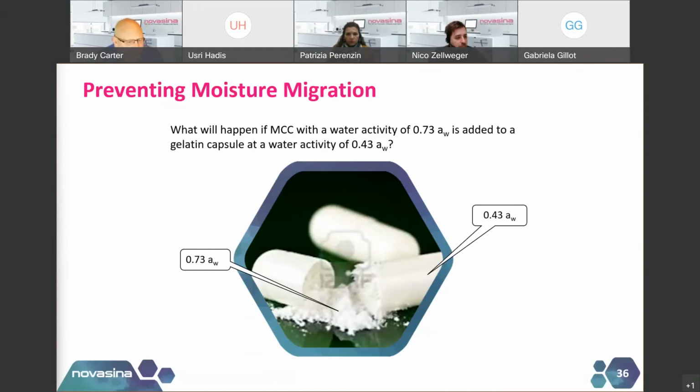If the medicinal material and the capsule are at different water activities, when they're put together, they will exchange moisture until their water activities come to equilibrium, which won't be the midpoint between them. It's dictated by what the material is, what their isotherm is, what that actual equilibrium water activity will be. But there will be an exchange of moisture, and it will continue until the water activity is the same, regardless of what the moisture levels are of each of those components.